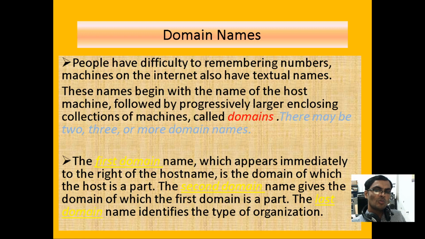The first domain name, immediately to the right of the host name, is the domain of which the host is a part. The second domain name gives the domain of which the first domain is a part. The last domain name identifies the type of the organization.